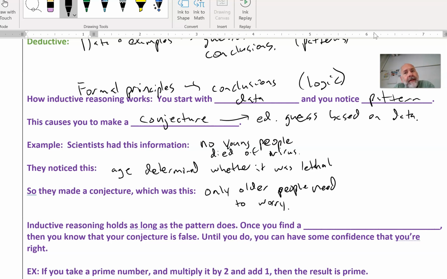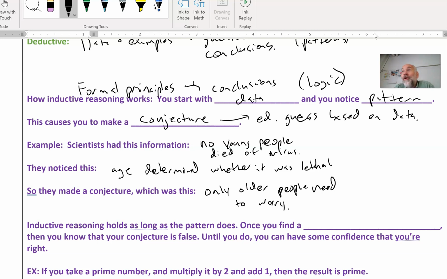Then more data came in, and they had to amend that and say, no, you've got a better chance of being okay if you're young, but some young people are still going to get pretty sick from this thing. When you get down on scientists, like, oh, they got it wrong, well, science always gets things wrong. They make the best guess they have with the data they have, but they're open to new data that might cause us to change our conclusions. That's the way science works.